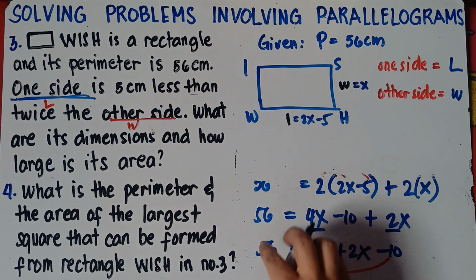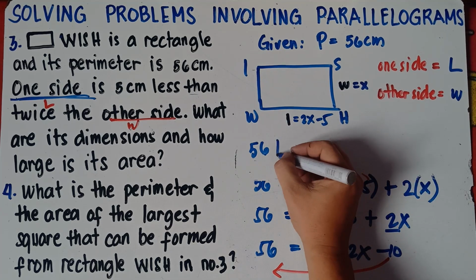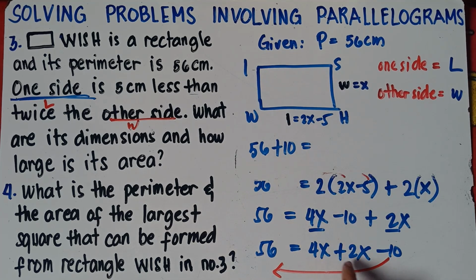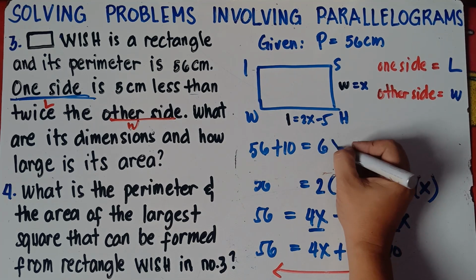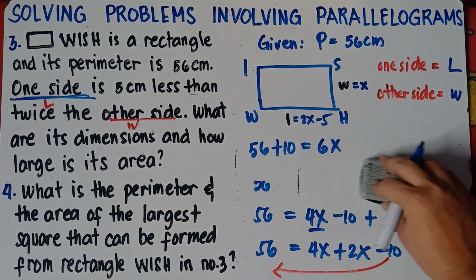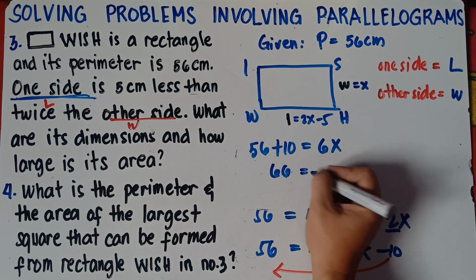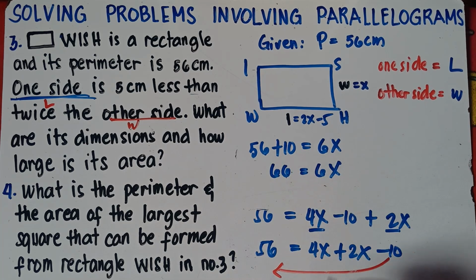So this will be 56. This is minus 10, so it will be positive 10, equals 4x plus 2x, that is 6x. Let me erase this one. I hope you understand this one, class. So this will be 56 plus 10, that is 66, equals 6x.